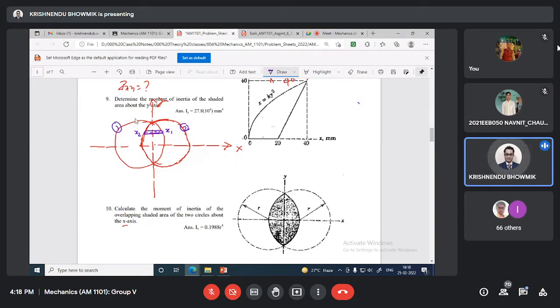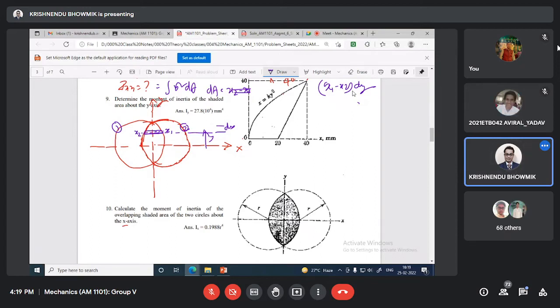Consider this is y and this is dy. So Ixx equal to integration of y square dA. Now dA equal to x1 minus x2 multiplied by dy, for a small element that looks like a rectangle.